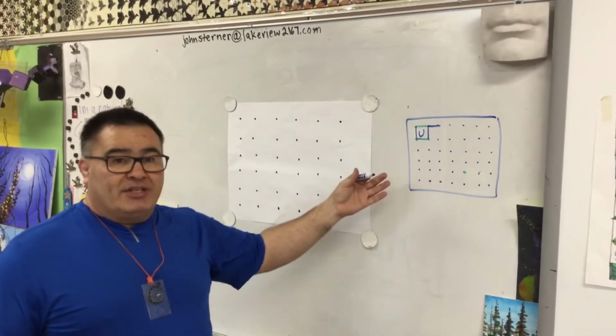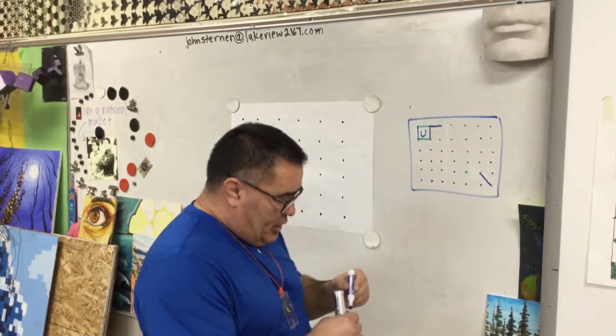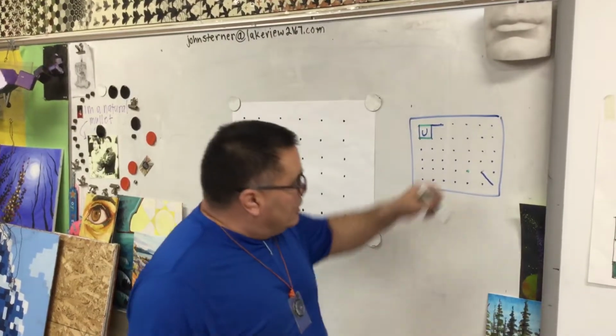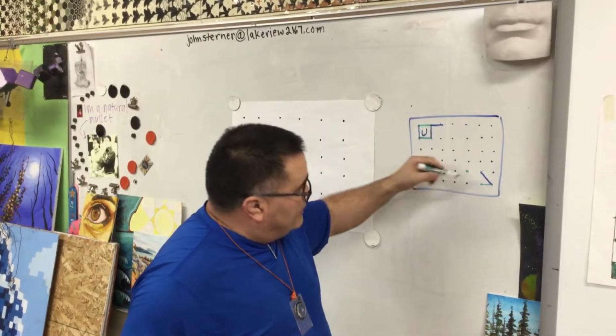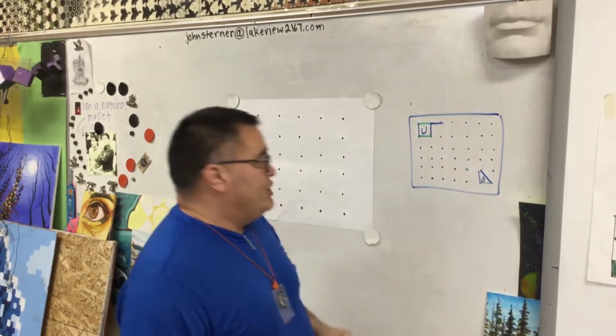Now it would be green's turn. If we were doing triangles, I could go on a diagonal right away. Green could go like this, and then blue would go like this, and there's my J.